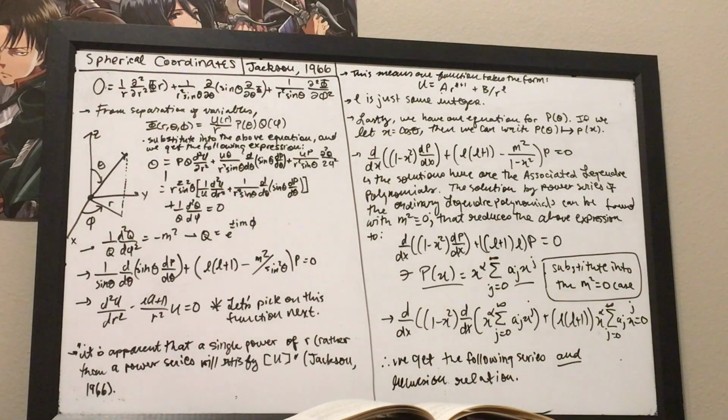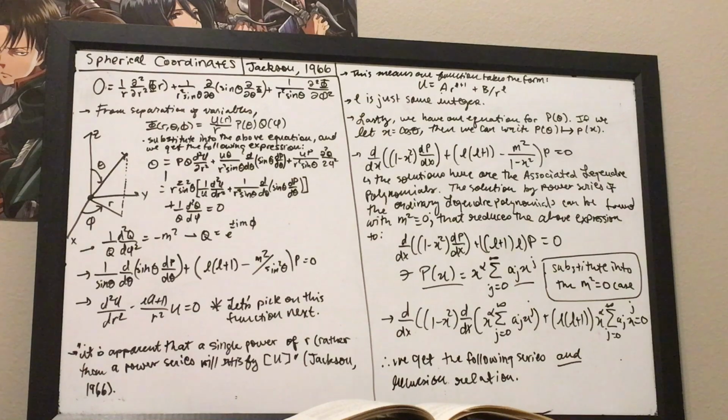The solutions to this particular equation are the associated Legendre polynomials, which are a slightly different set of polynomials themselves. And the solution by power series is what Jackson wants to look at in particular to prove this.